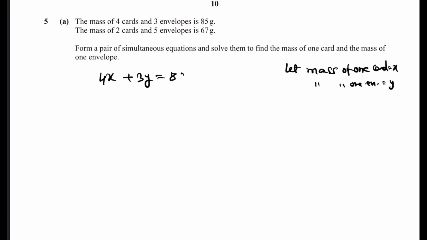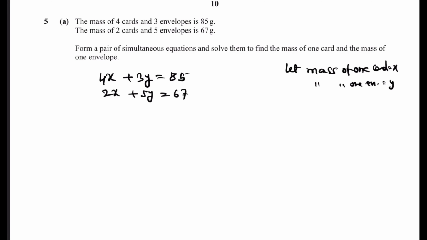Let the mass of one card be x, and the mass of one envelope be y. So 4x plus 3y equals 85. Okay, and 2x plus 5y equals 67.